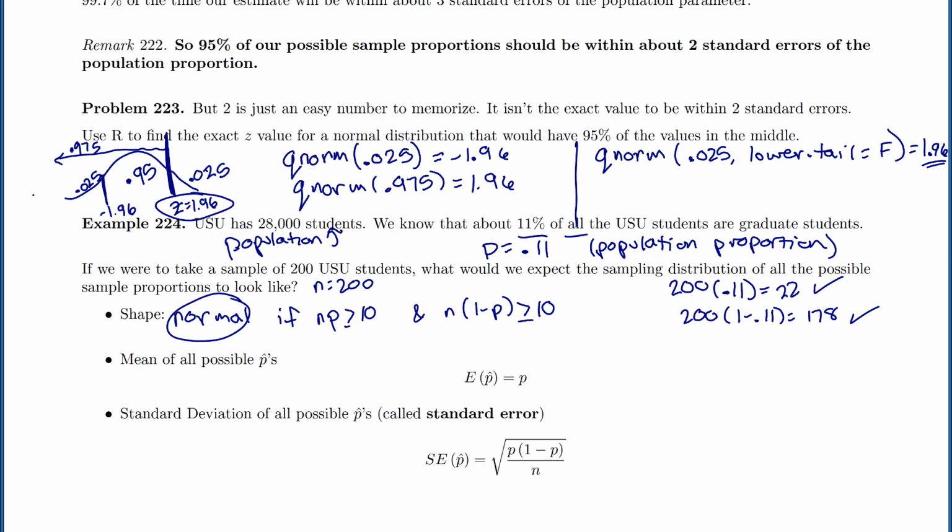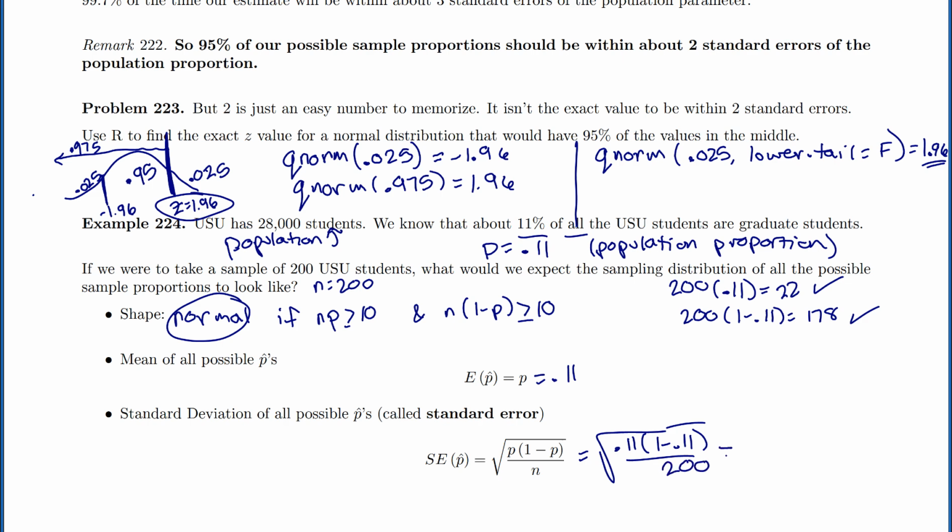And the mean of all those possible sample proportions is just going to be equal to our population proportion, so that'll be 0.11. And the standard deviation of all the possible sample proportions, also called standard error, is going to be equal to the square root of p times 1 minus p over n. And we actually know the population proportion in this instance, so we'll do 0.11 times 1 minus 0.11 divided by my sample size of 200.